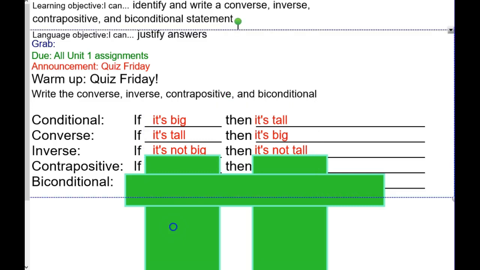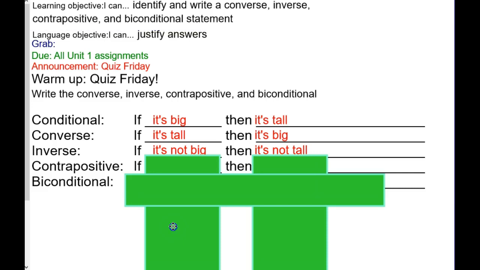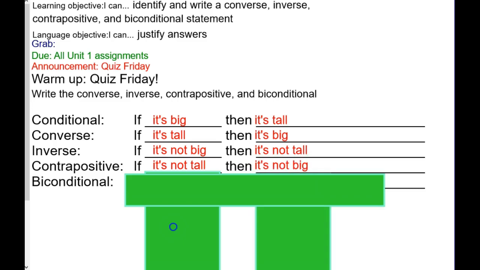I'm taking big and tall, I'm switching them, and I'm putting not. So what's it going to say first here? If it's not tall, then it's not big. Do you see how I took the beginning, big, put it at the end with a not, took the ending, tall, put it at the beginning with a not.